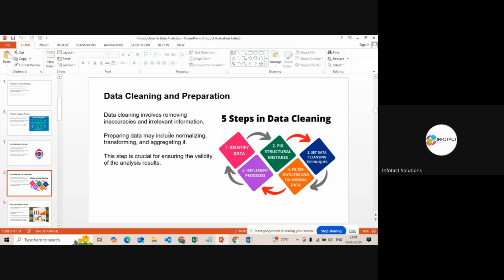Then what is data cleaning and preparation when it comes to data analytics? When it comes to the data life cycle, first it involves data collection, right?